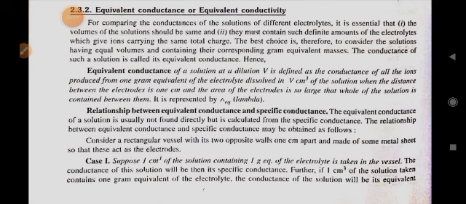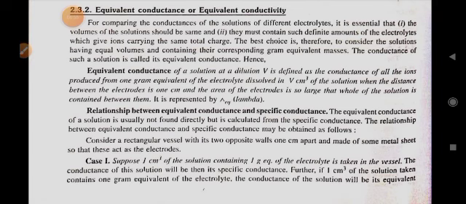Hence, equivalent conductance of a solution at a dilution V is defined as the conductance of all the ions produced from 1 gram equivalent of the electrolyte dissolved in V centimeter cube of the solution when the distance between the electrodes is 1 centimeter and the area of the electrodes is so large that the whole of the solution is contained between them. It is represented by lambda EQ.